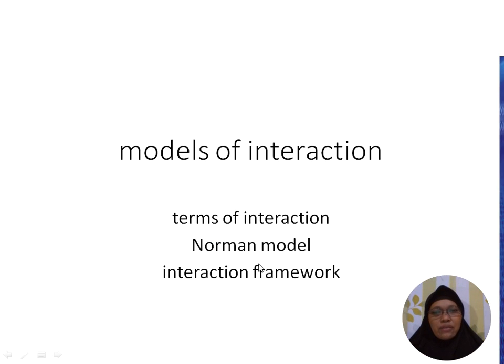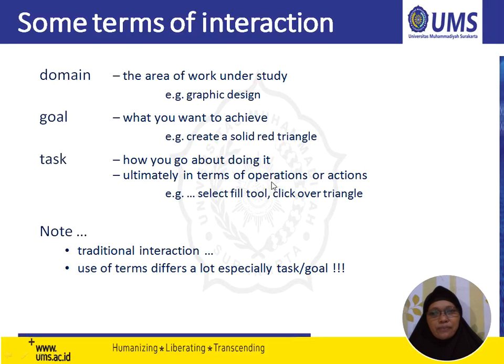and for the models of interaction, we have two models. This is the Norman model and the Abowd and Beale framework for the interaction. So we have two models of interaction that we will explain in this chapter. Some terms in the interaction: we need the domain, goal, and task.